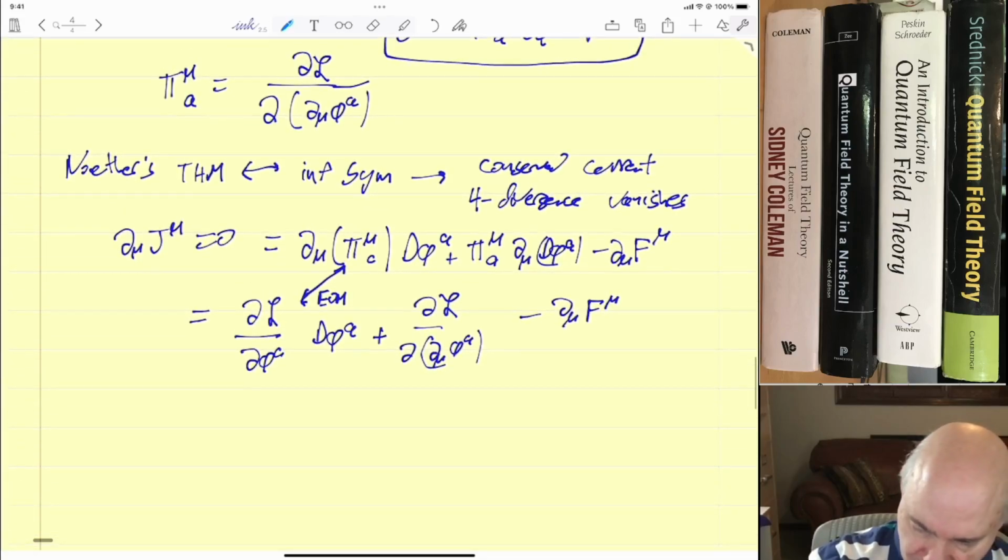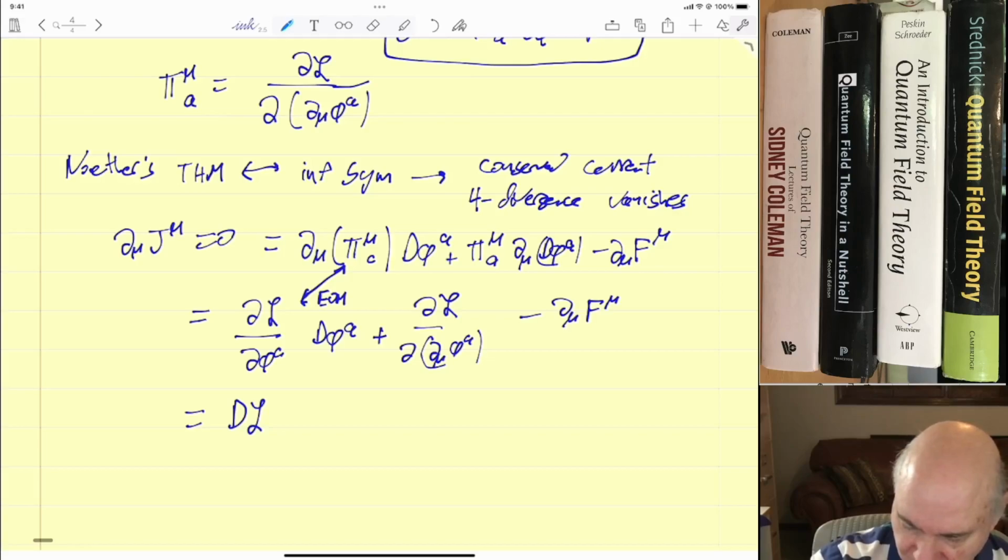Now, this part, you can easily see that the first two parts here are just the change in the Lagrangian. The Lagrangian depends on phi and the partial of mu phi a.